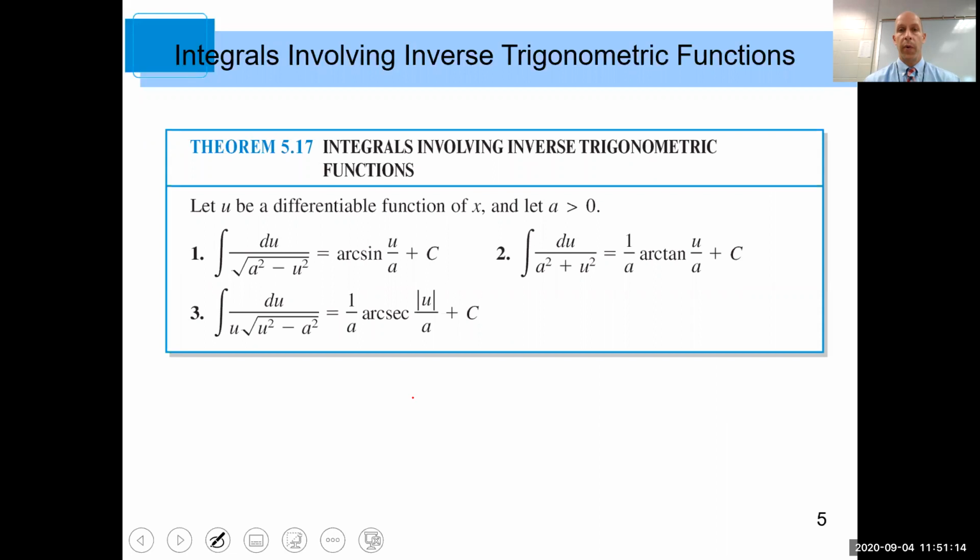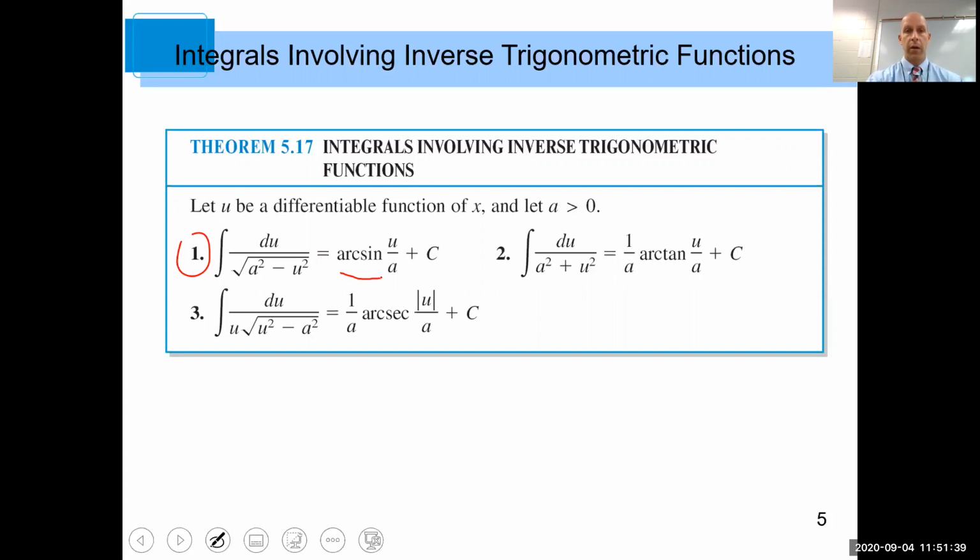So here are the 3 basic rules that we're going to focus on. If I asked you what is the derivative of arcsine, you would give me something that looks like this, but now we're going backwards because we're talking about anti-differentiation.